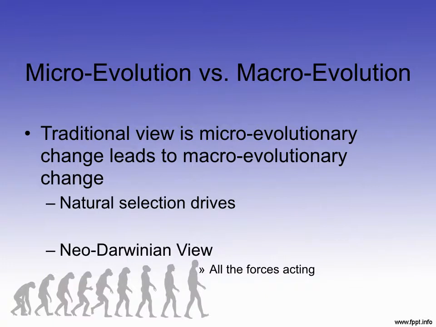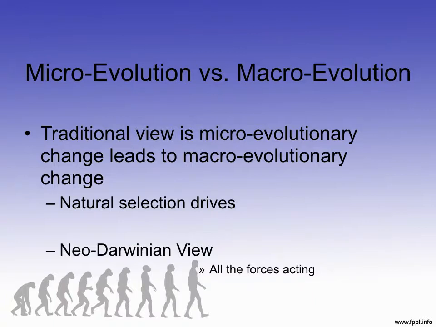What is microevolution versus macroevolution? Microevolution is simply change in the frequency of alleles or change in the frequency of particular traits within a population over each generation. Slight fluctuations, but a new species does not arise.